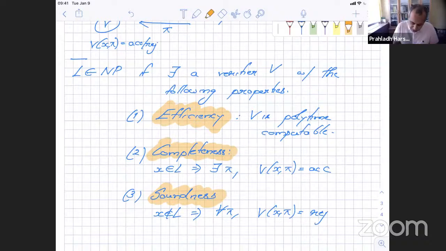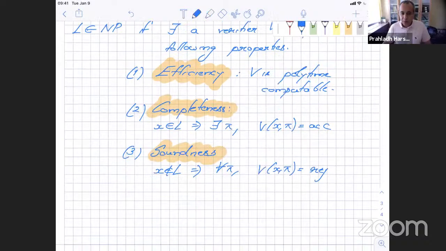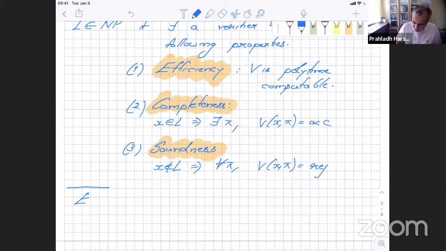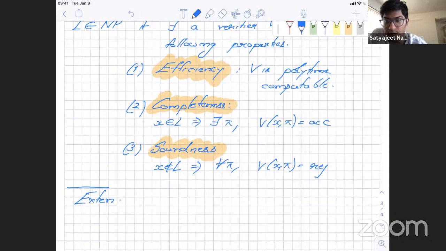We're going to take the same approach to now define IP, except now we have to model interaction. So we want to extend this definition. Instead of there exists pi, it will be there exists some few questions.